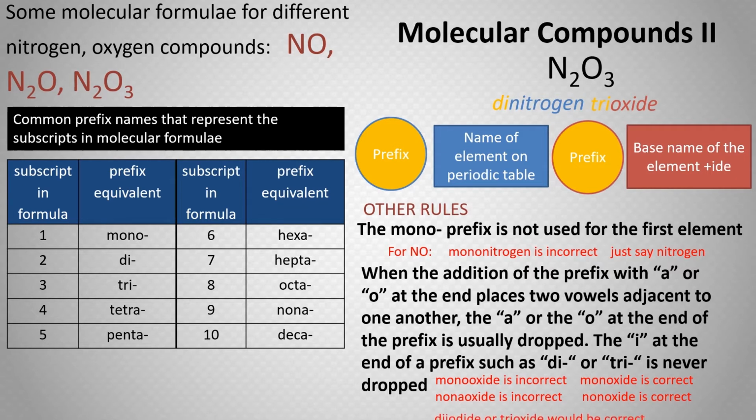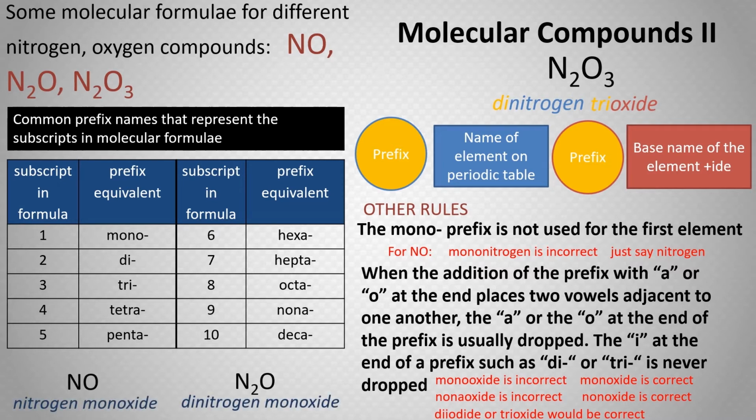That being said, the I at the end of a prefix on the element in the formula, such as di or tri, is never dropped. So the name for our NO compound would be nitrogen monoxide, and for N2O, the name would be dinitrogen monoxide.